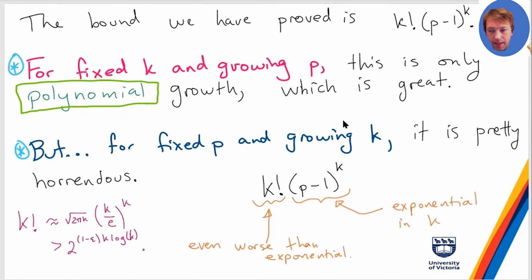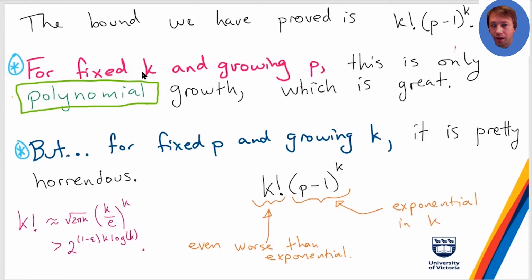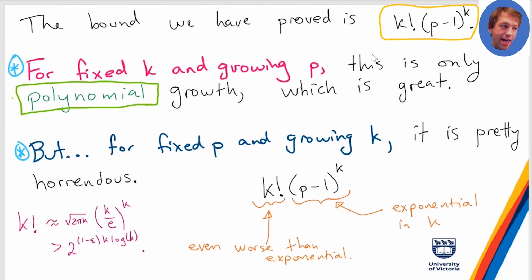This bound is bad if k is growing. If you fix k, say k is 20, and let p, the number of petals, grow, then k factorial times p minus 1 to the k is a nasty polynomial because it has a huge coefficient and the exponent is 20.